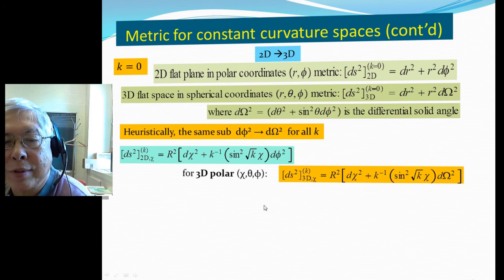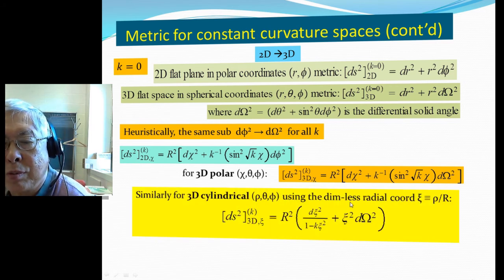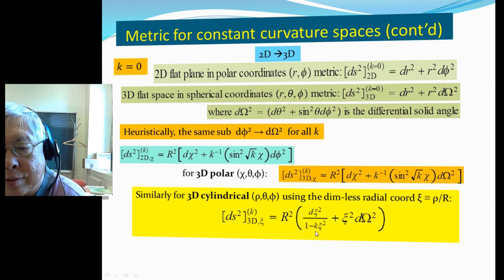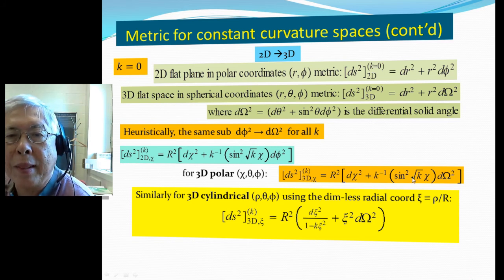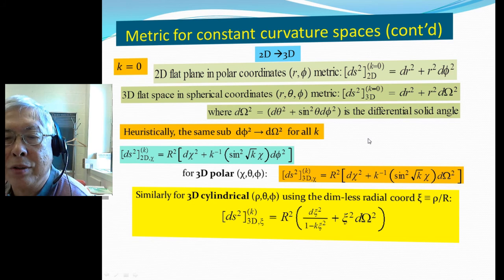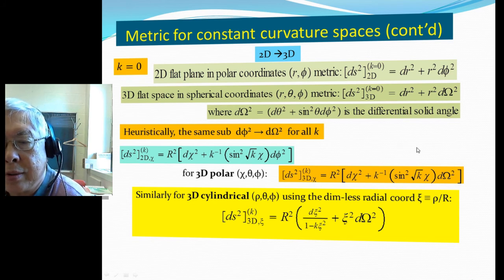Similarly, for cylindrical coordinates, with the cylindrical radial distance divided by the radius of curvature, you will find this, again with different values for k equal to 0, minus 1, plus 1. So this is how to write a three-dimensional space with constant curvature.